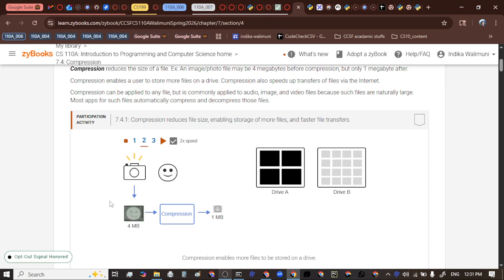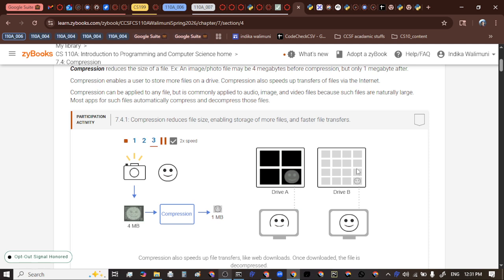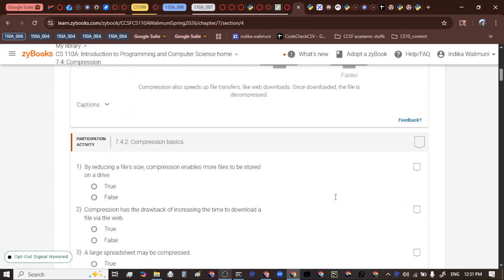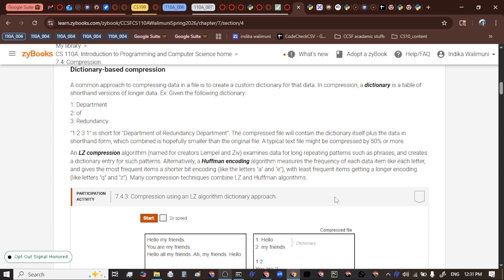If you store the files as they are, you can see that it only stores 4 files. But if you compress them, you can store more, and retrieval is also easier and faster.